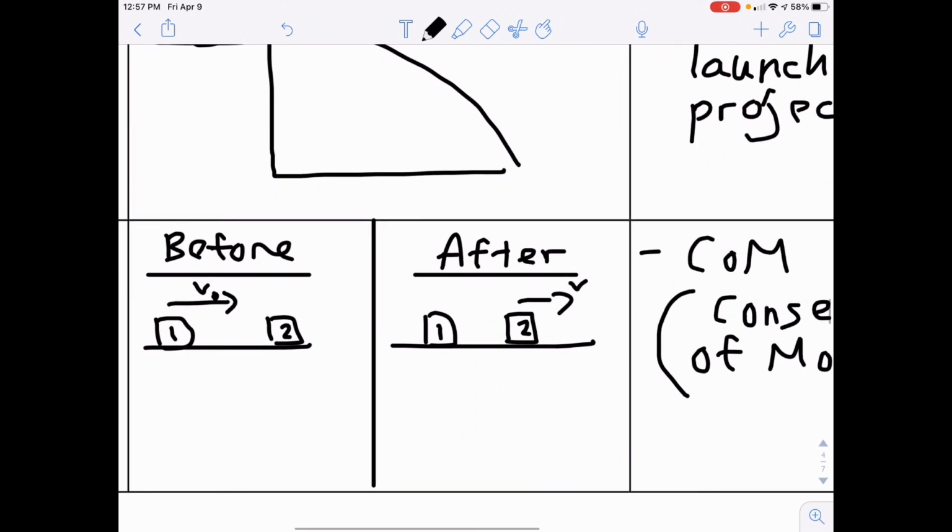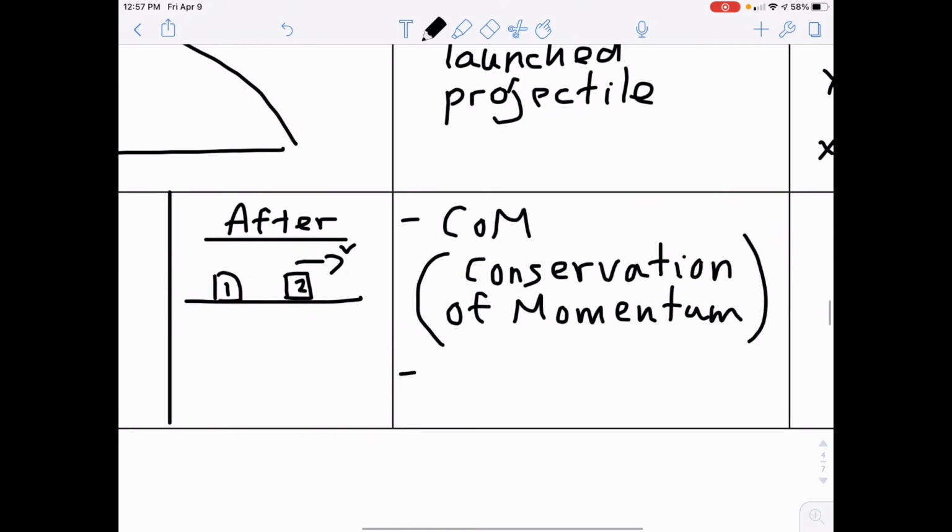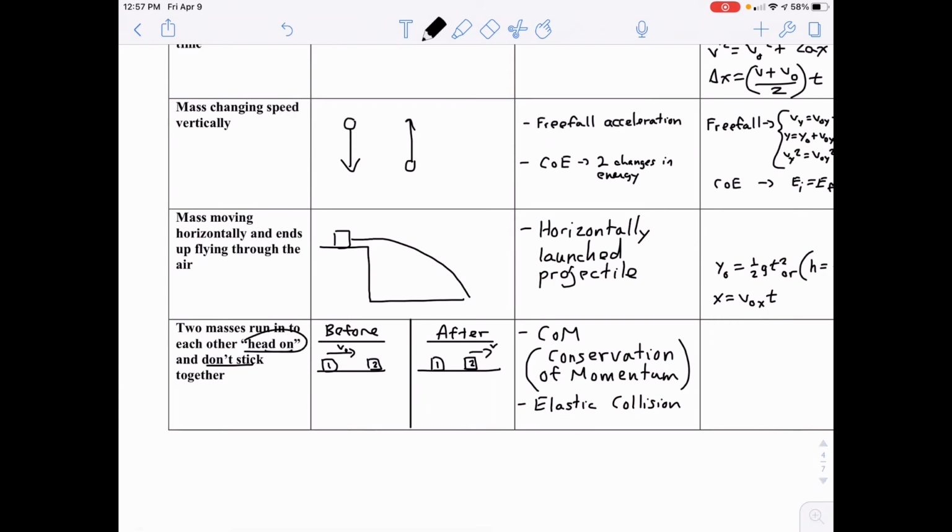And when 1 crashes into 2 and 2 crashes into 1, they apply a force on each other and thus have equal and opposite impulses on each other at the same amount of time, but there's no external forces acting during the collision. In other words, no friction, there's no applied force, no tension, nothing external to the system. This is also referred to as an elastic collision. Okay, so when you see the phrase head on and they don't stick together, that is an elastic collision.